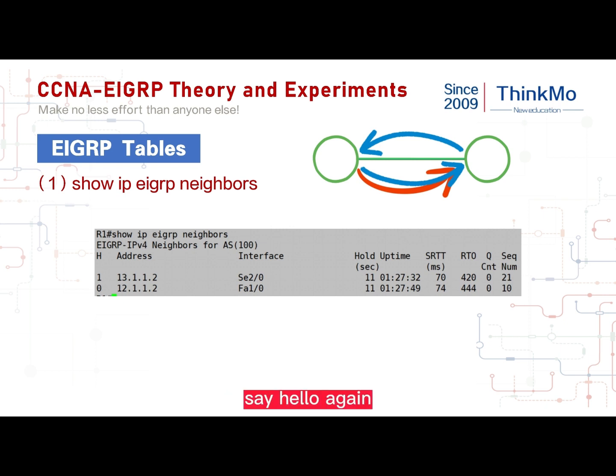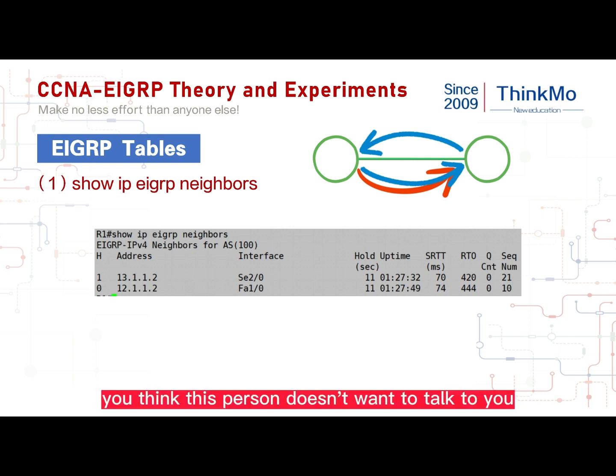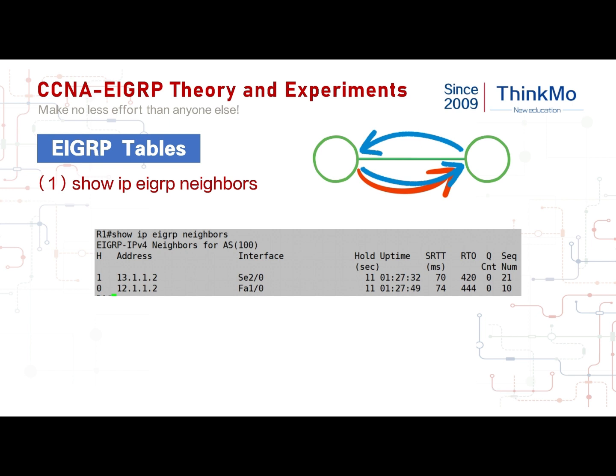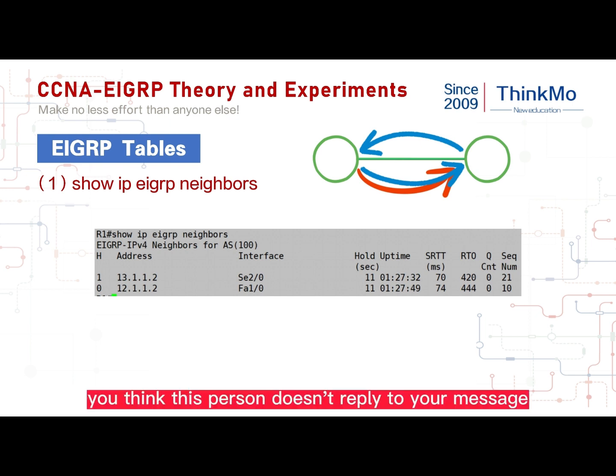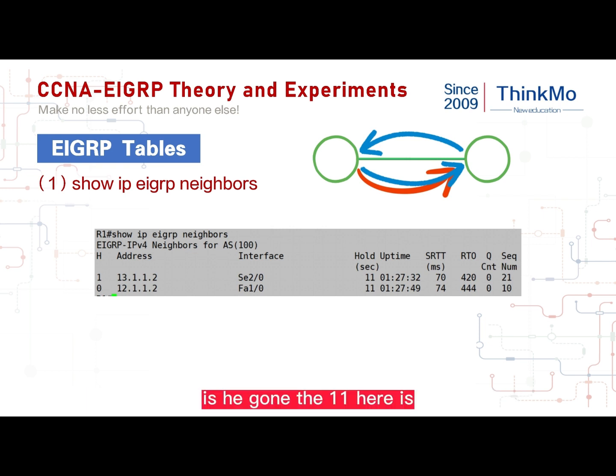Say hello again. He still ignores you. 15 seconds passed. You think this person doesn't want to talk to you, doesn't reply to your message. Is he gone? The 11 here means it's been 11 seconds now, and the device has not received a hello.